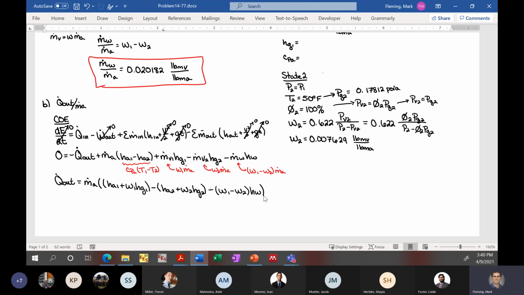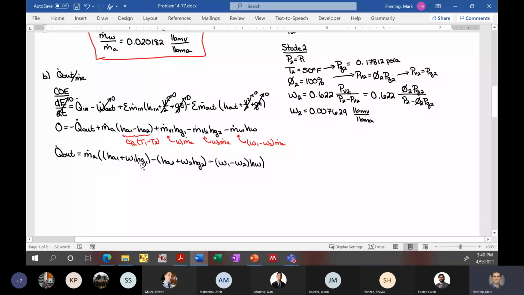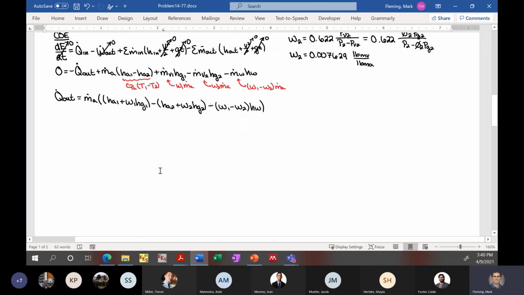Okay, so we see that we have this form, but we wanted to solve again for heat transfer per unit mass of dry air. We know we have the mass flow rate of the dry air, so what we can do now is solve for the heat transfer rate out per unit mass of dry air. So now let's substitute this in.